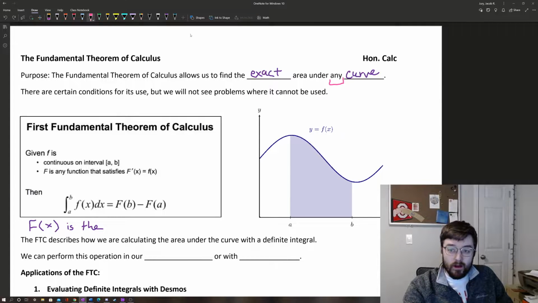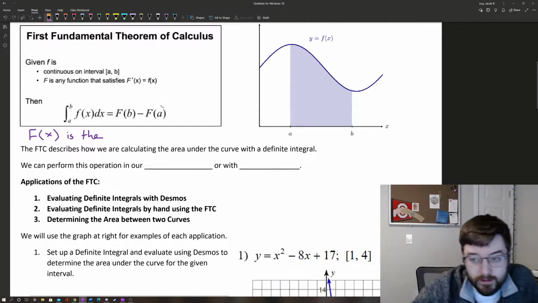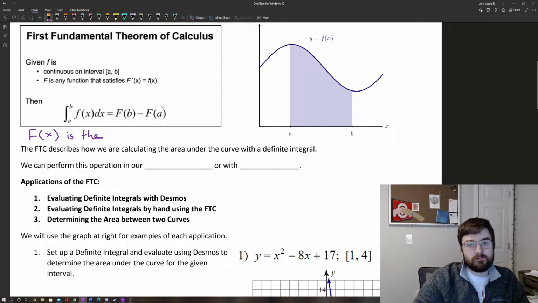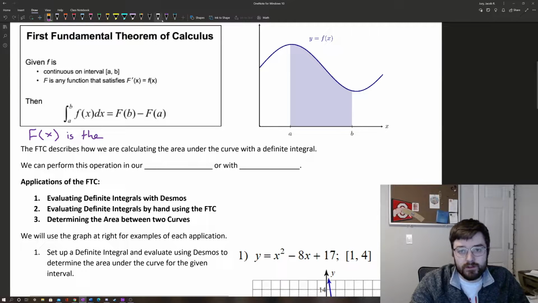Now we actually already know how to do this practically, but I wanted to provide some more meaning behind it for you. To do that, I have what the theorem says, and then we're going to talk about it visually.